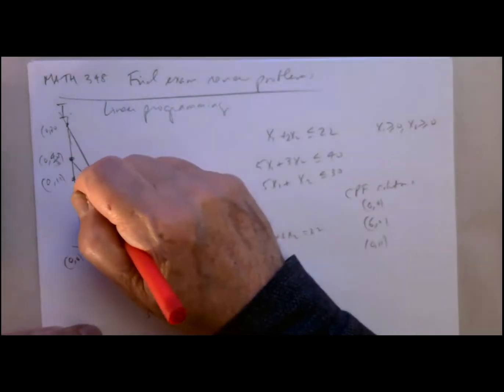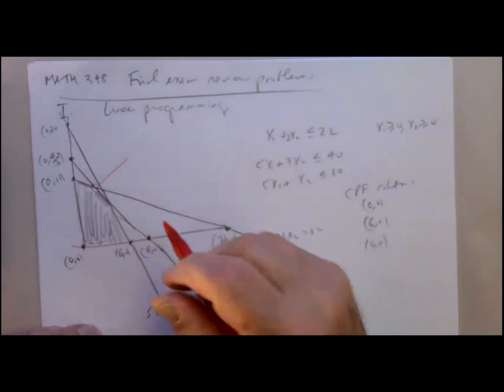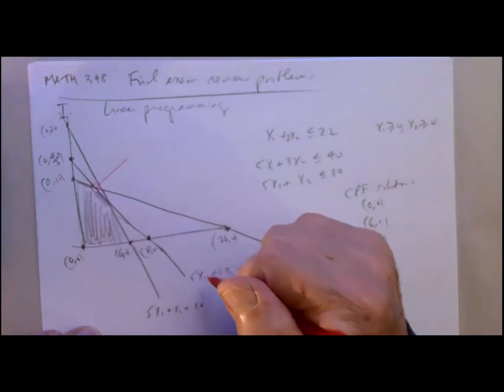What is this point? This is the point where these two lines cross.